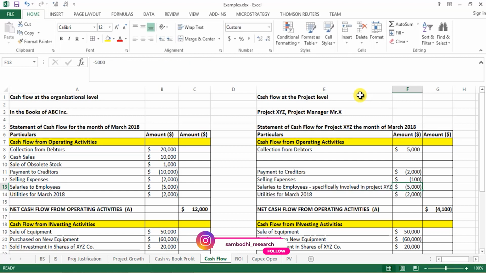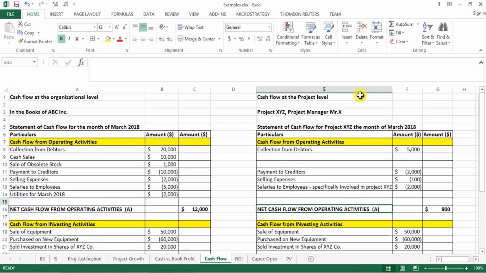That's going to be around $2,000 for the month of March. Utilities, no, they're going to be common throughout the organization, so that gives us a net cash flow of $900 for project XYZ's operating activities.